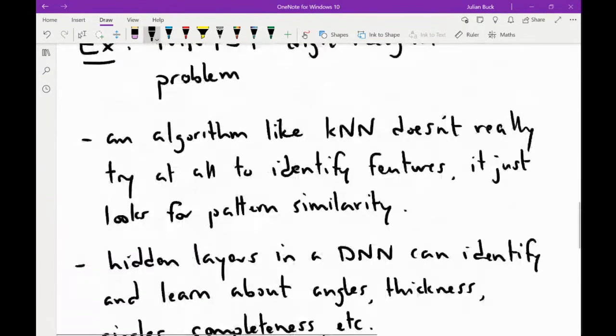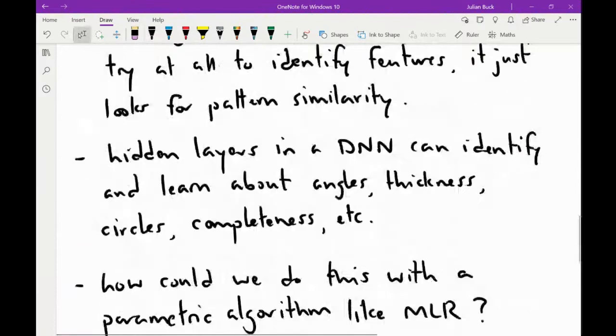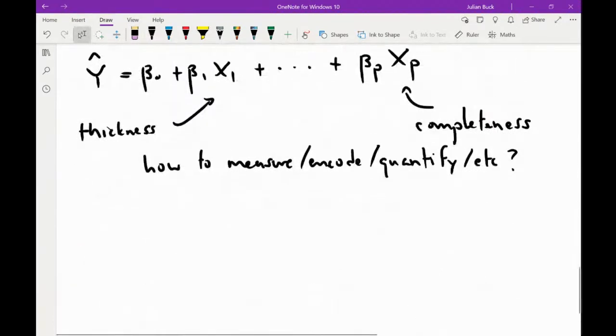So going back to the KNN example, in chapter 8, we didn't cover chapter 8, but we mentioned KNN a few times.